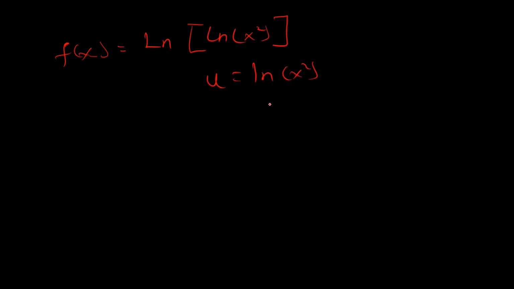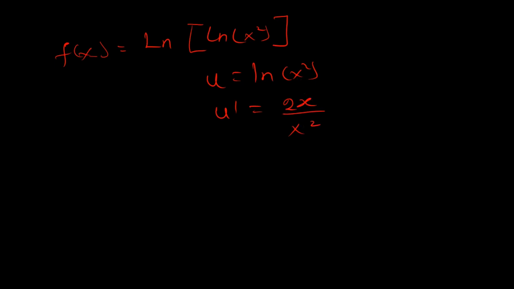When we have f of x equals natural log of x squared. So what will be your u? Your u will be x squared, right? And your u prime will be what? You differentiate this: 2x, all over what? x squared, because it's u prime over u.